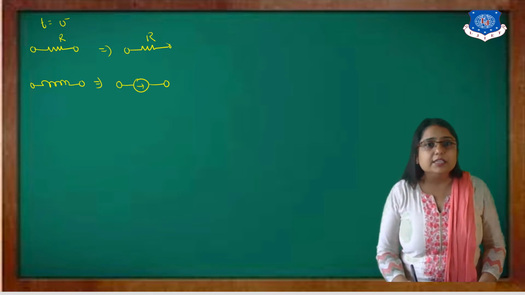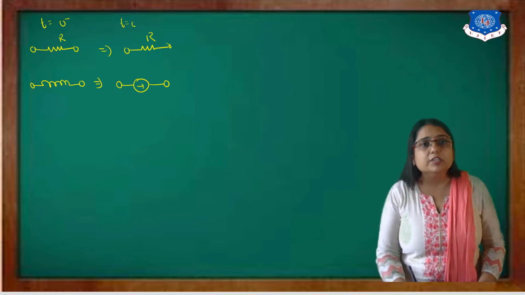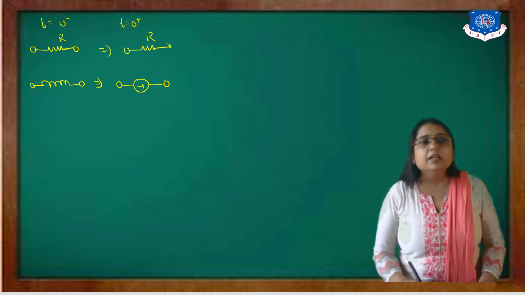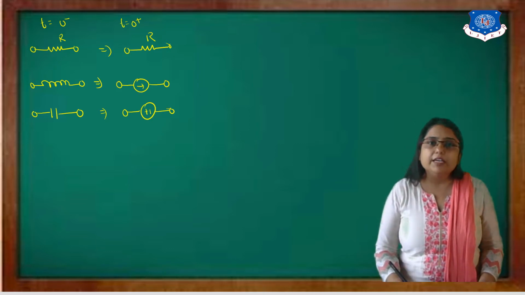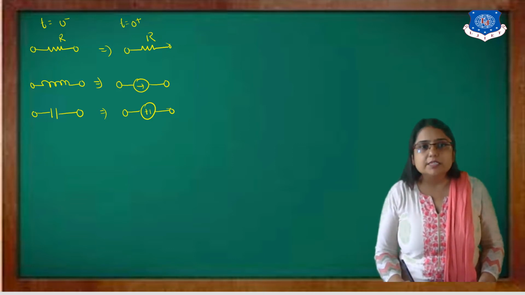So this inductor will behave as a current source at t equal to 0 plus. Then the capacitor will behave as a voltage source, plus minus, because we are finding the voltage drop across the capacitor.